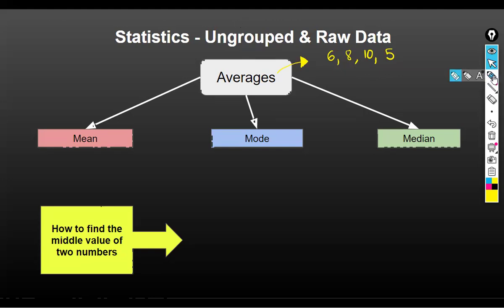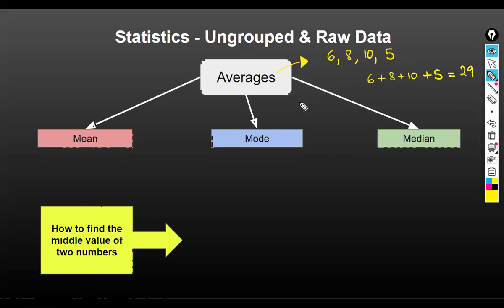So to find the average of 4 numbers, well, you add up all the numbers. So you say 6 plus 8 plus 10 plus 5. And when you add up all the numbers, right, let's see how much you get. 6 plus 8 plus 10 plus 5, I'm getting 29.